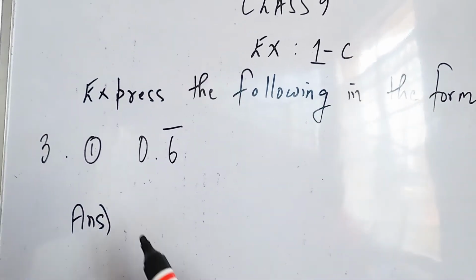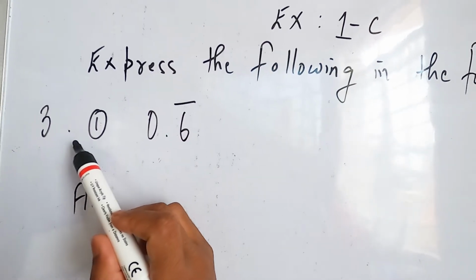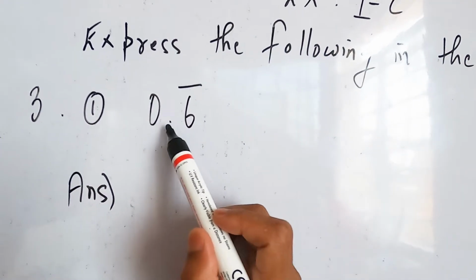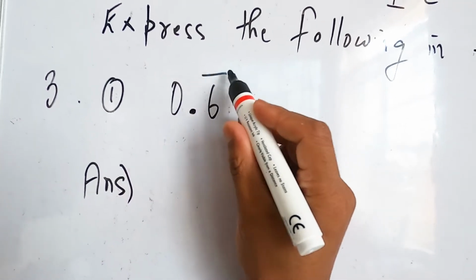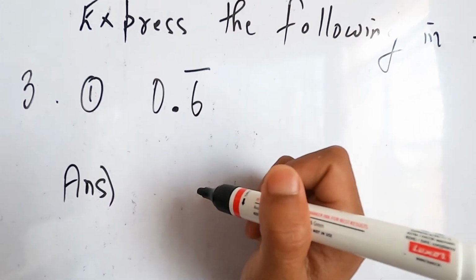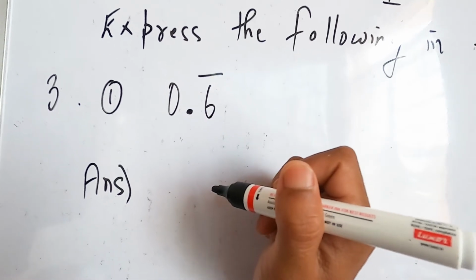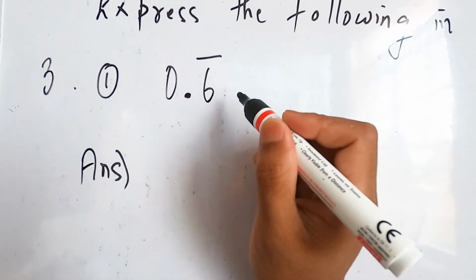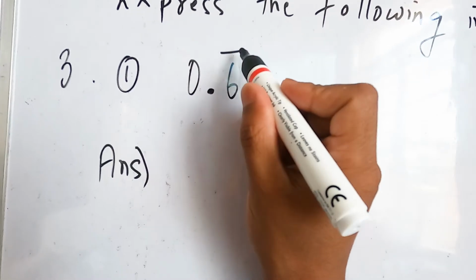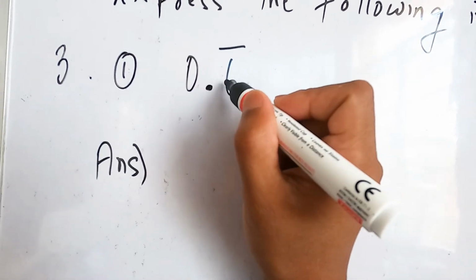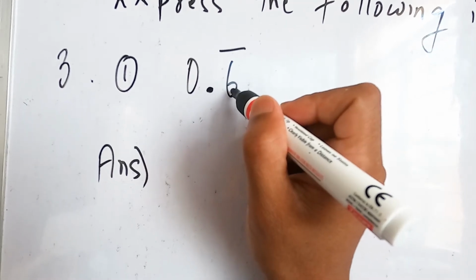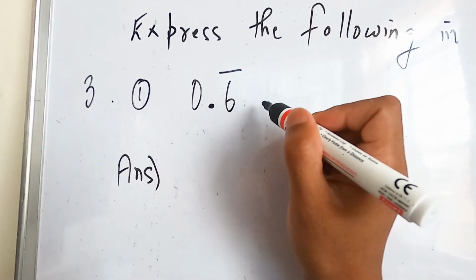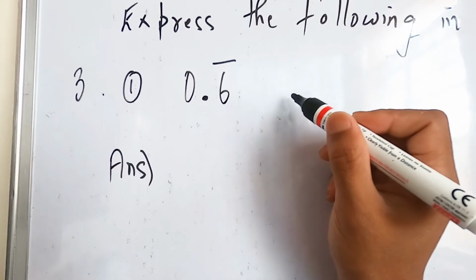Alright, next we will be starting with question number 3, part 1: 0.6 with a bar on top of 6. This is a little bit different from question number 1 and number 2, simply because there is a bar on 6, which implies that 6 is a repeating decimal number.